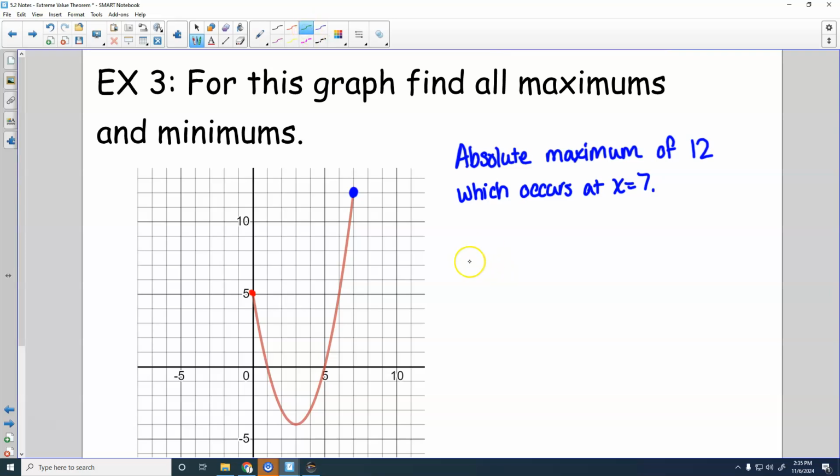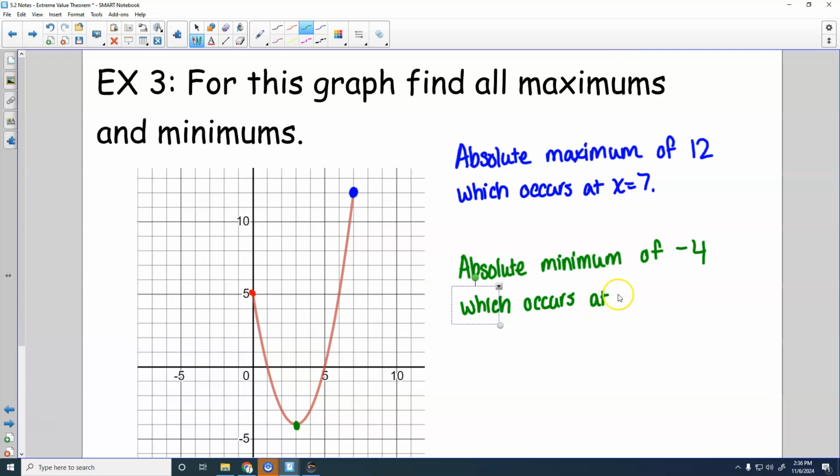Okay, so we have an absolute minimum of, what's our absolute minimum? -4, which occurs at x equals 3. Okay.